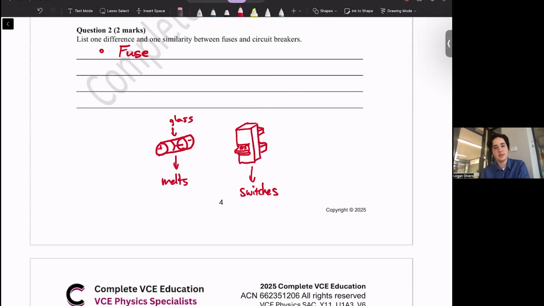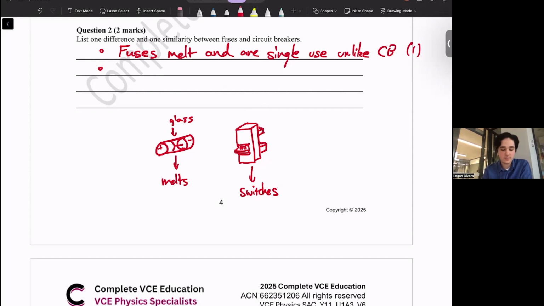All you have to do to reset it is walk out to the house, flip it on, and it'll be back to usable condition. It doesn't break. The fuse, though, needs to be replaced. So one difference is that fuses melt and are single use, unlike circuit breakers. There's one mark.